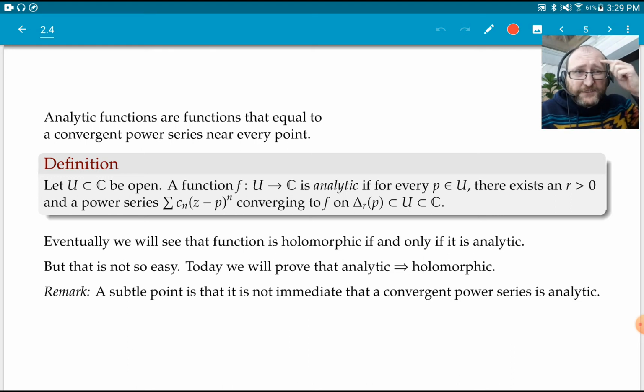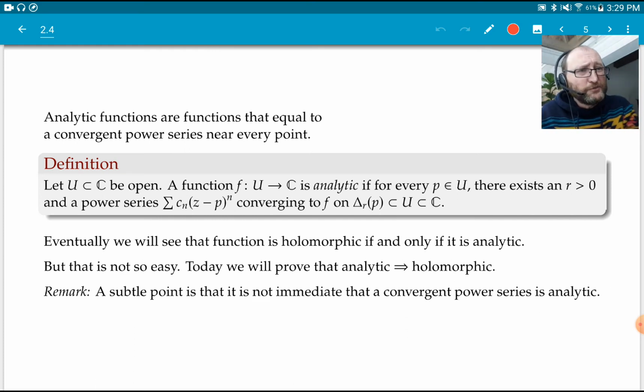Now, a subtle point is that it is not immediate that a power series is itself an analytic function. We'll show that a power series is holomorphic, but we don't immediately know that you can expand it around other points, not just the point where it's defined, but around every other point where it converges.